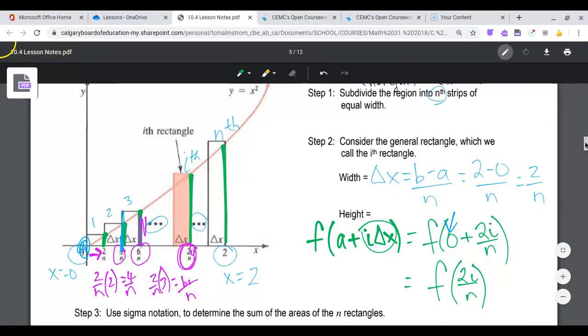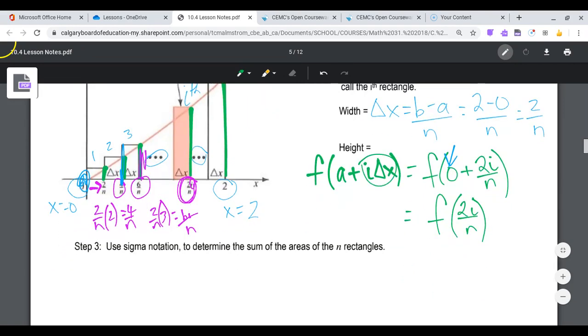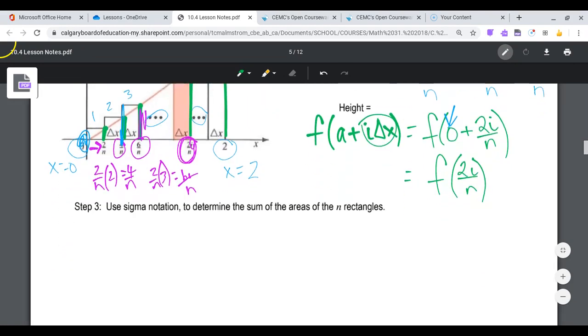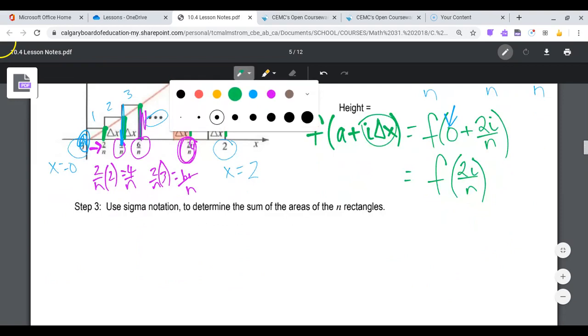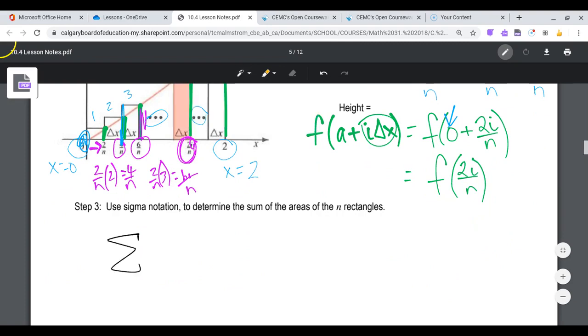All right, so we have a representation for our width and a representation for our height. Now we're going to use sigma notation, which she didn't use, although she ends up using a formula from it. We are going to use sigma notation to represent the sum of our areas. So we're going from i equals 1 to n.